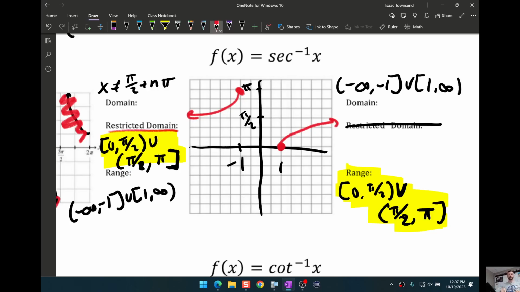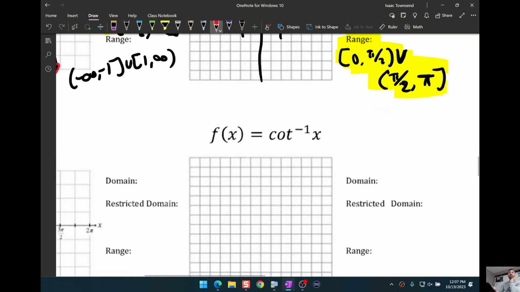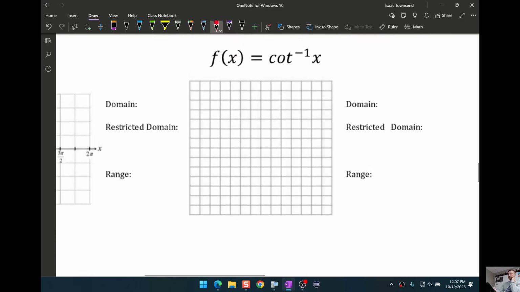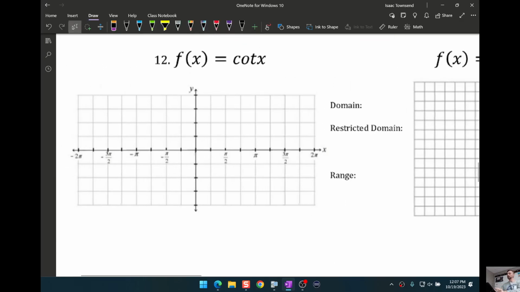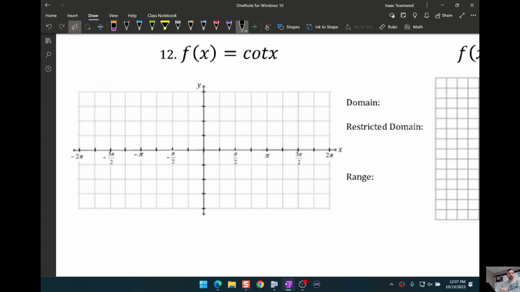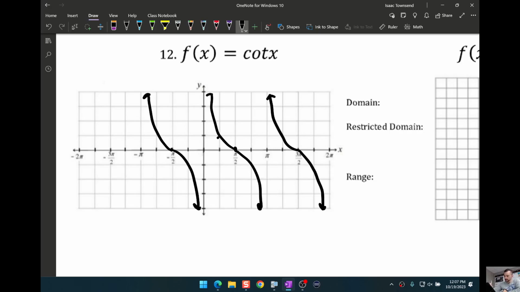Alright, and then finally, cotangent and inverse cotangent. And then we can actually start to practice some of this and get it to make a little more sense. So, cotangent was the one that looks like this. It existed everywhere.